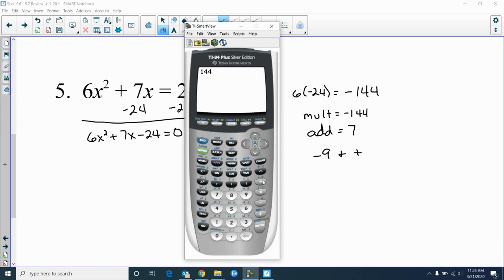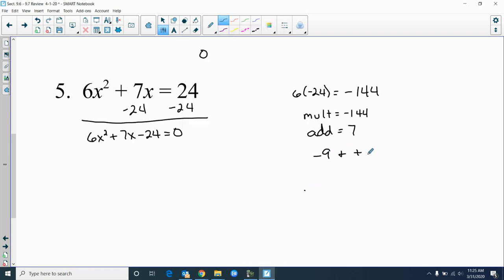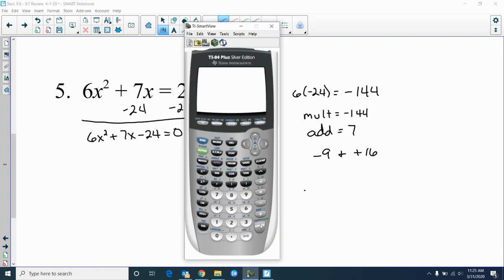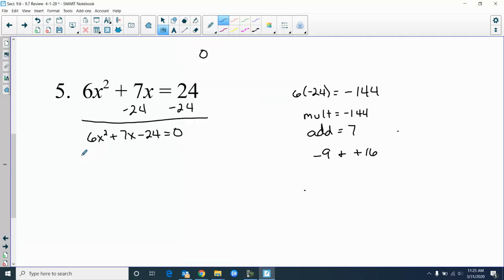If I take 144 divided by 9, I get 16. So if the first one's -9, the second one's positive 16, do they multiply to get -144? Do they add together to get 7? They do. So those are our two numbers.